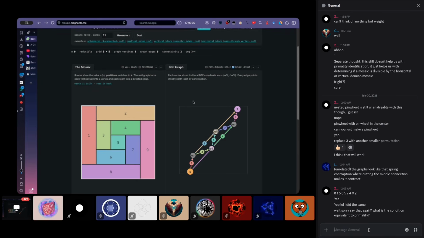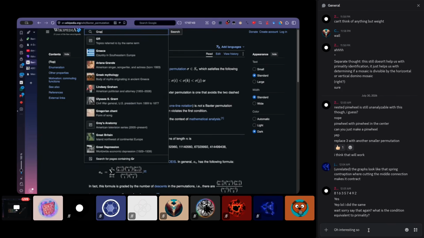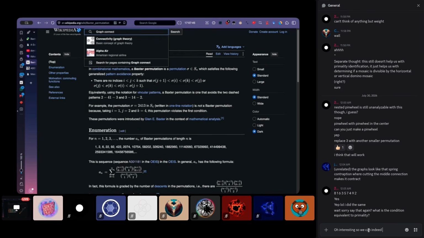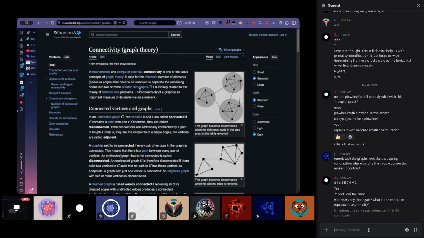The condition equivalent to primality is for the graph to have connectivity 3. Graph connectivity is asking for the minimum number of elements that need to be removed to separate the remaining nodes into two or more isolated subgraphs.